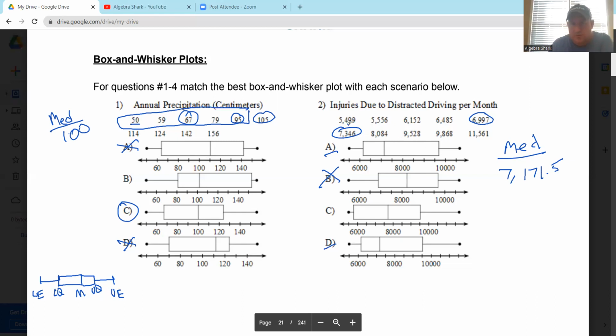So if I took the middle of the upper half, right, it'd be about 9,500. So if we're going by 500s each line, right, this would be 1, 2, 3, 4. So yeah, it would be D. This upper quartile looks much closer to 9,528 than A.